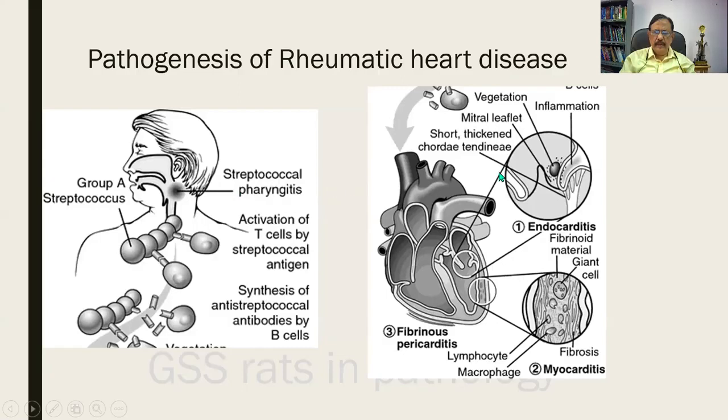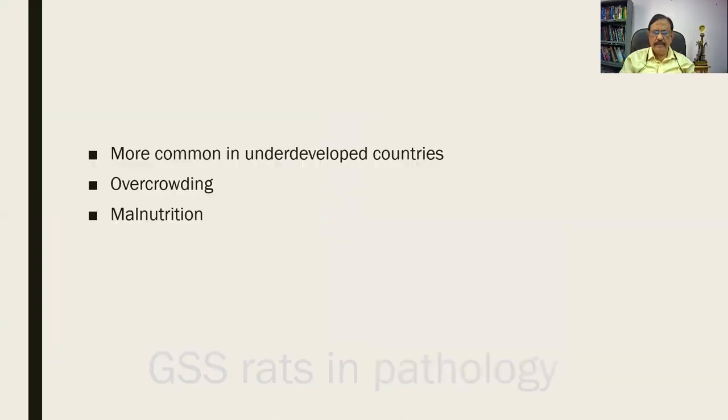So now you can see both side by side and follow the sequence of events. It is a disease more common in underdeveloped countries where overcrowding predisposes and malnutrition paves the pathway. It is almost eradicated in developed countries such as the United States and United Kingdom.